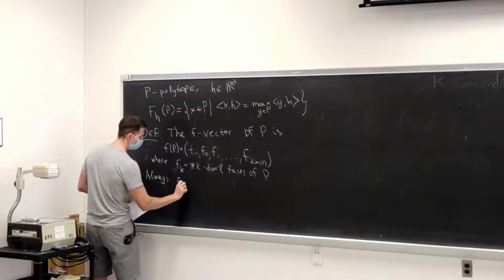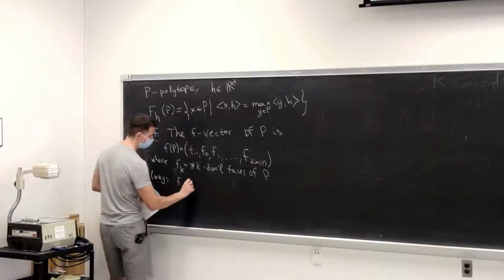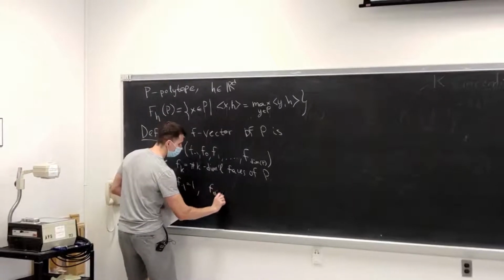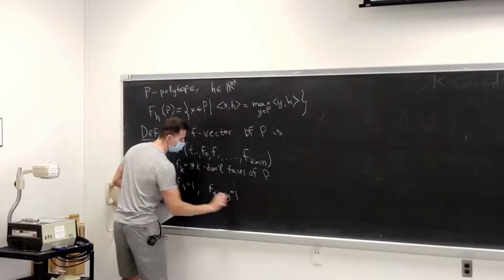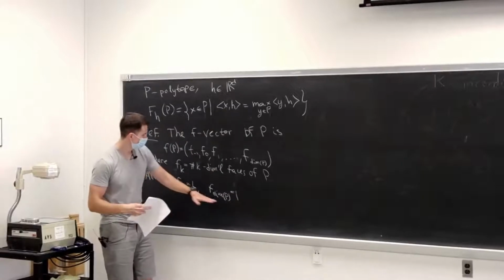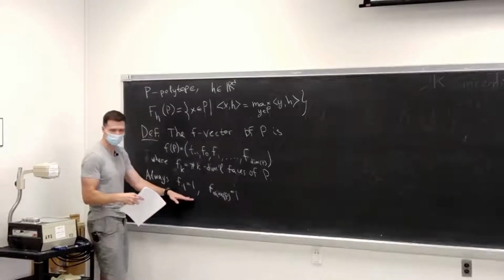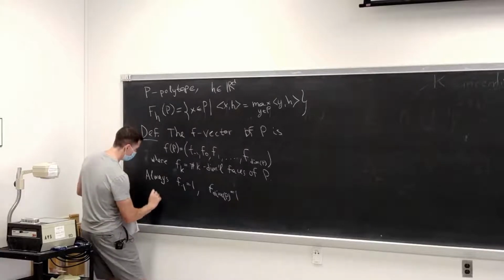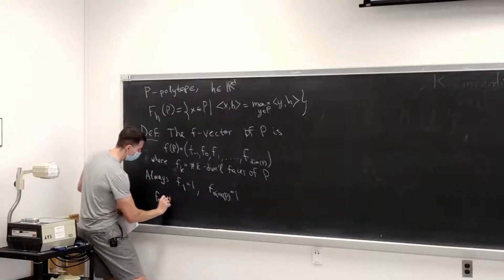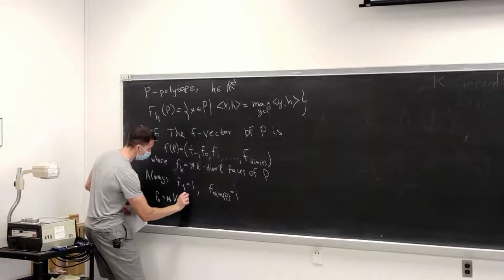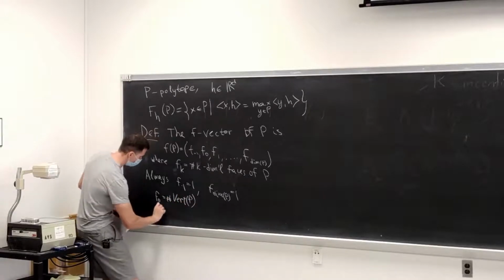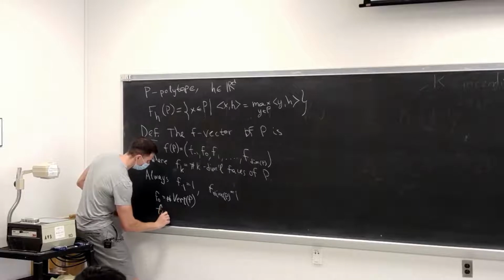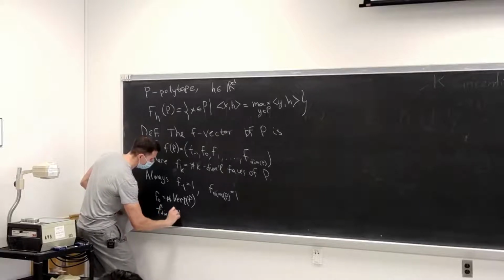We always have f_{-1} equal to 1, and the top part is also always equal to 1. That's the unique top-dimensional face. This is the unique empty face. And f_0 is the number of vertices of P, and f_{d-1} is the number of facets.